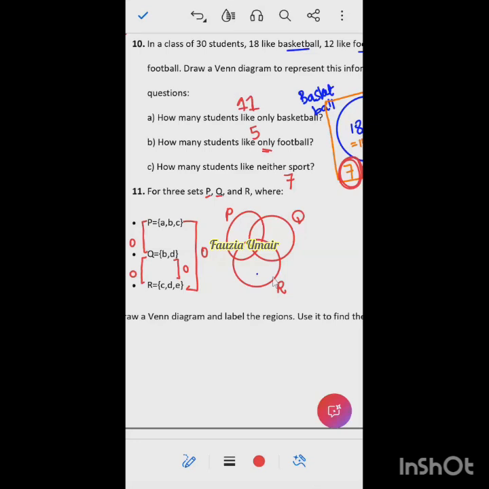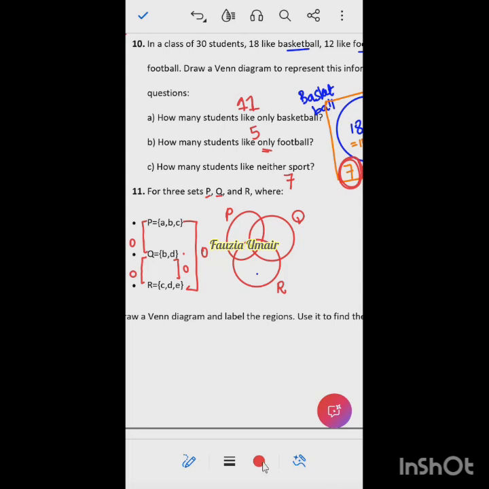Are you clear why the three circles are overlapping each other? Is it making sense till this point, right? If, for example, this D is not here in Q, then the formation will be changed, right? But for your level, I hope they will not give you this kind of complications.